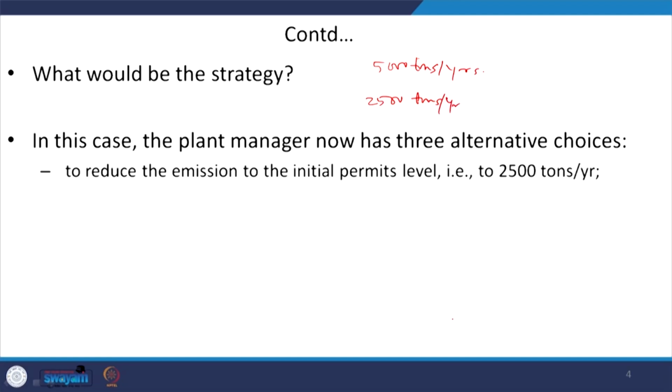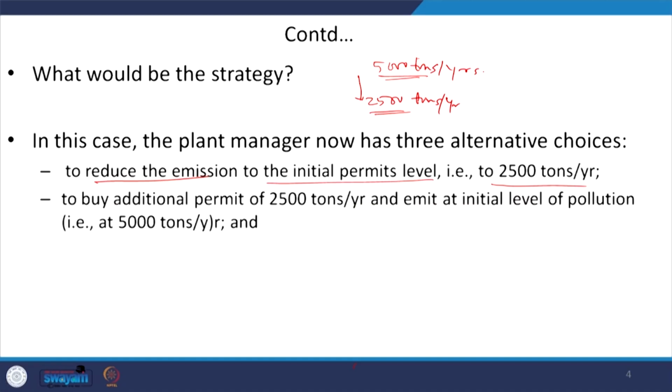The first choice is that the manager reduces the emissions to the initial permit level, 2,500 tons per year, that is, from 5,000 tons to 2,500 tons per year. So, this is the first option, reduce the emission to the permission level.